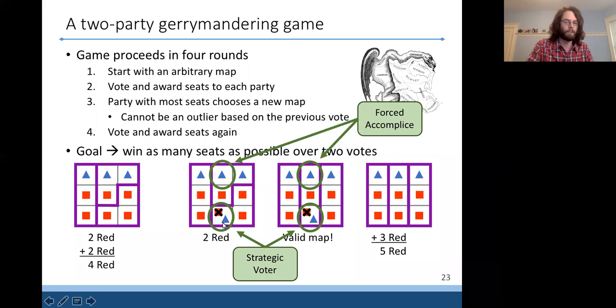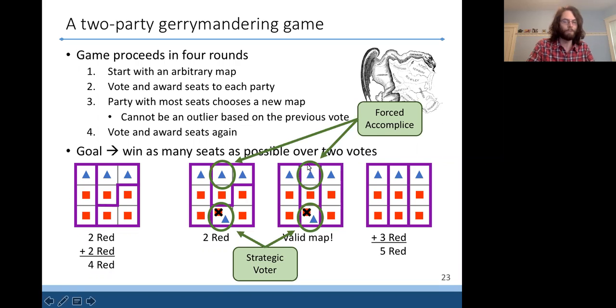So in this case here, we see that this person can flip and they don't lose this district because there's 2 other red voters. And then you need this other person who we're going to call a forced accomplice, who's going to help make this look like a valid map, right? So in this new map that we draw, where we have 1 fake blue voter and 1 real blue voter, that makes it look like blue wins a seat in this center column.